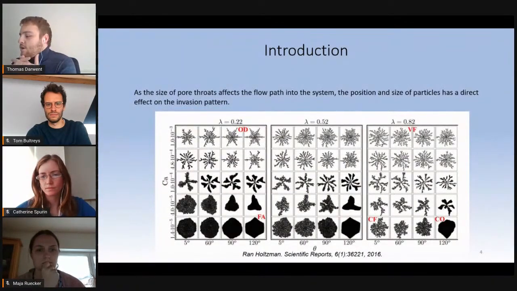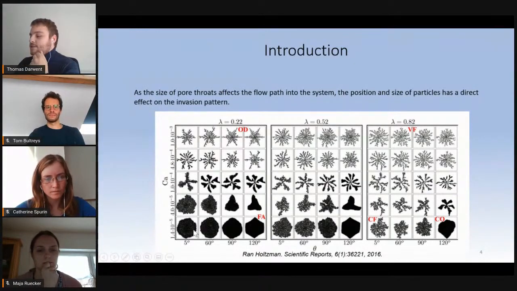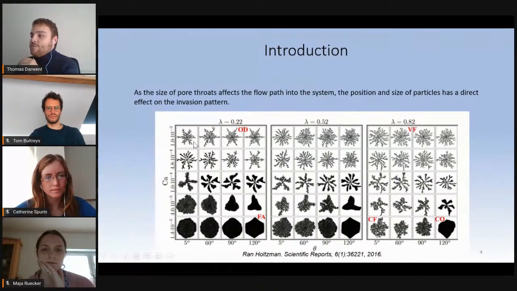So what has been shown before is that if you have a certain invasion, and this can be defined by the capillary number, so the viscosity of the fluids or the rate of invasion, if you keep that set and you keep the wettability of the porous media the same, then by introducing disorder, which can either be by random positioning of the particles or random size distribution of the particles, you can get completely different invasion patterns.